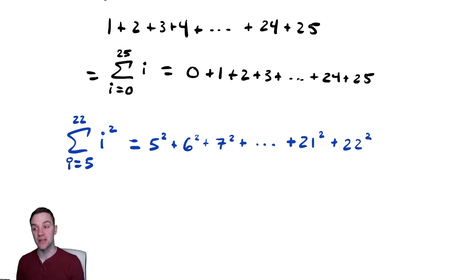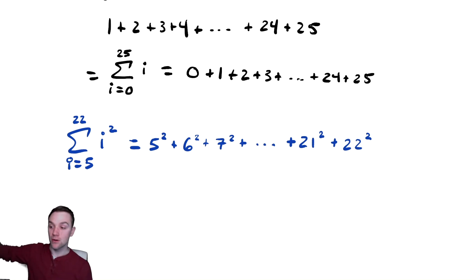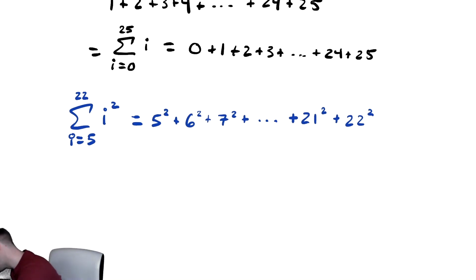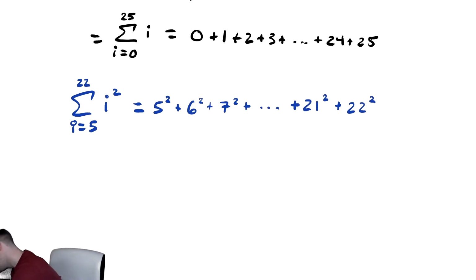It is worth mentioning, what we've done so far are strictly numerical values that you could in fact compute. We could add up the values from 5 to 22 all squared, the values from 1 to 25. We could theoretically add those up. The real power of this notation is that it allows us to represent arbitrary summations. We could write something like the sum from i equals m to n of the square root of i.